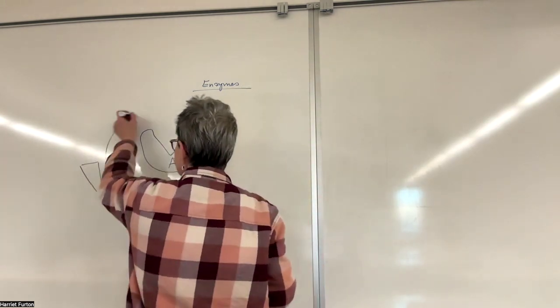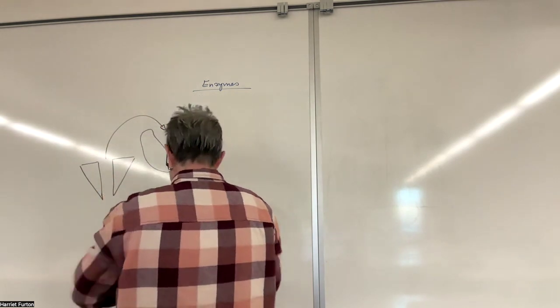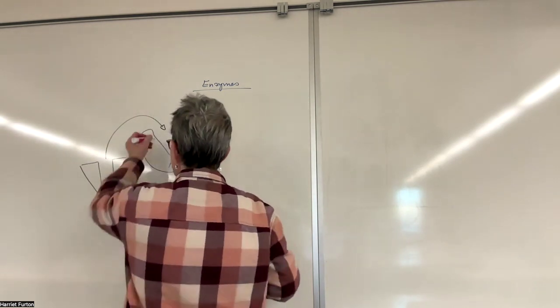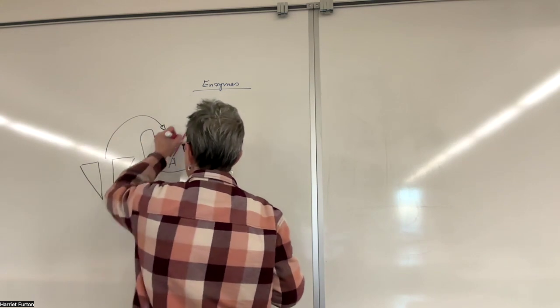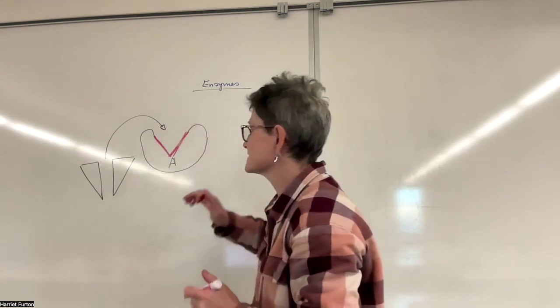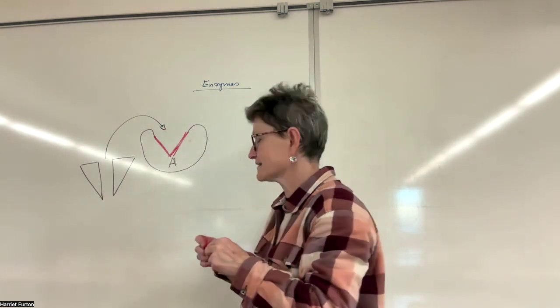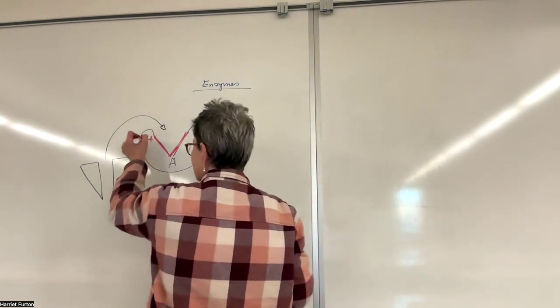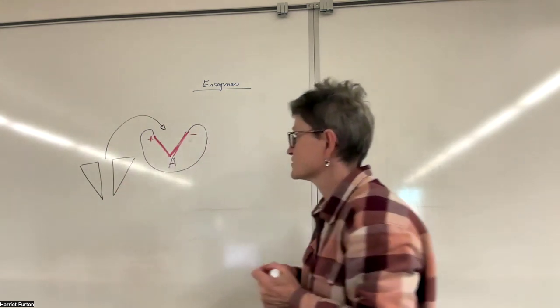But if they sit in the enzyme's active site, this is the active site that matches with the substrate, they can snuggle into that active site. Sometimes the active site has some charges too.